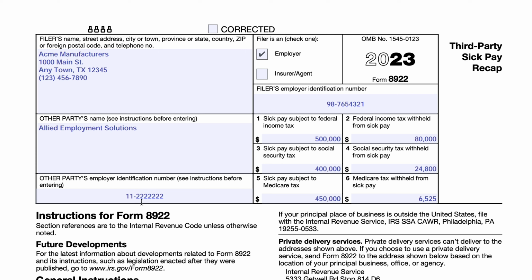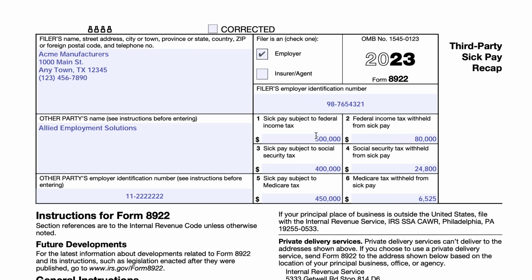So now that we've walked through that taxpayer information, the rest of this is fairly straightforward. It should be basically summary information from all of your different forms W-2, right?